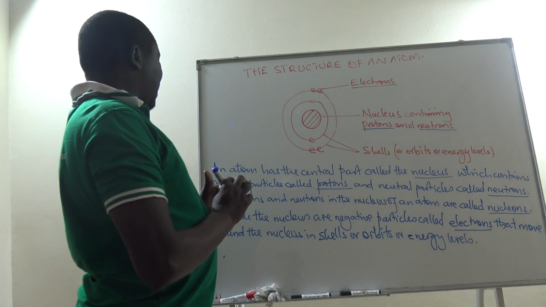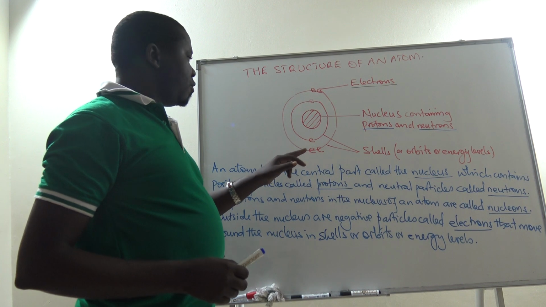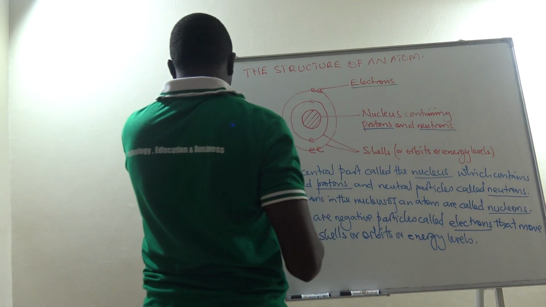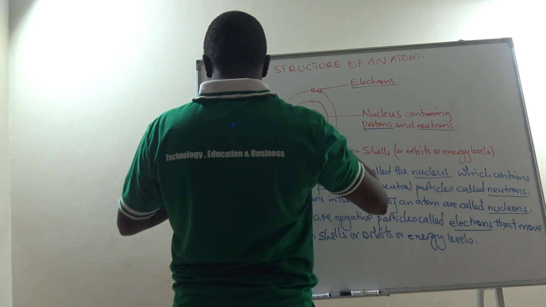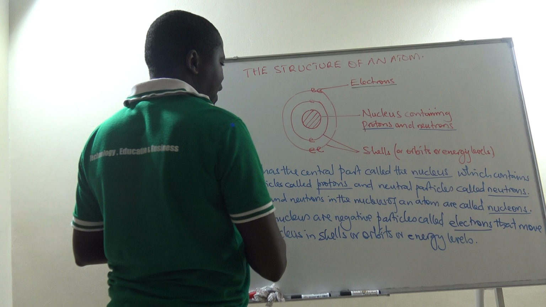So outside the nucleus, we have these electrons here. I have represented using small letter E. So they move around the nucleus in what we call shells or orbits or energy levels.